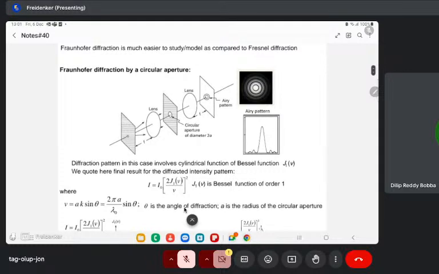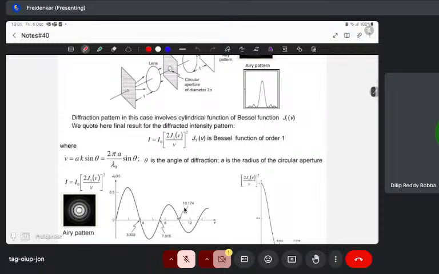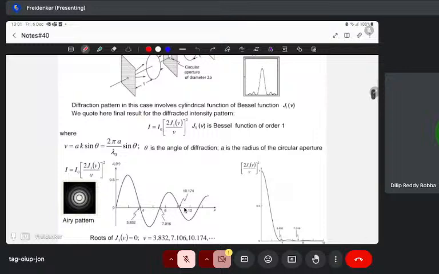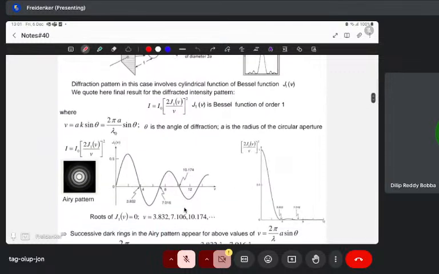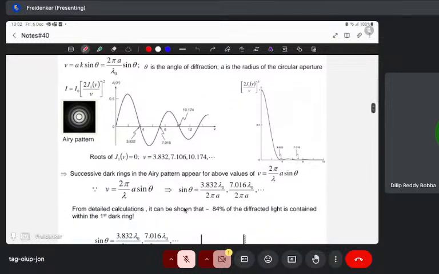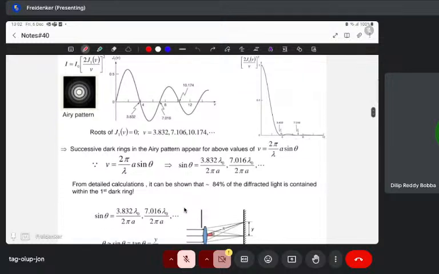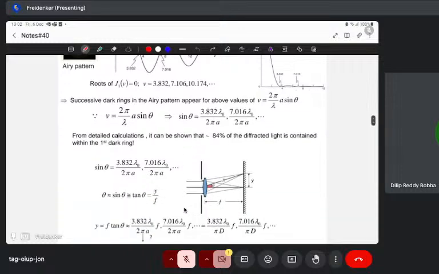All of this is fine, and then suddenly this Bessel function got introduced. It's all calculations at this point.